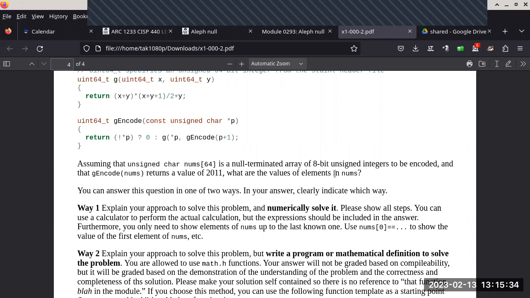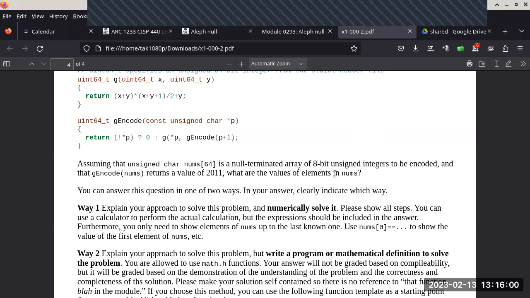All right. So there are two ways to proceed. I make sure that people have alternatives with this one. Both require a good understanding of the G function, obviously. The first way is to solve it numerically. In other words, you don't have to give me the algorithm. You just show me the method by hand of how you solve this particular problem.